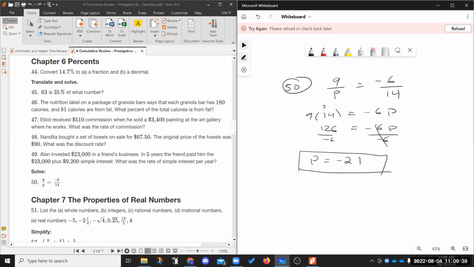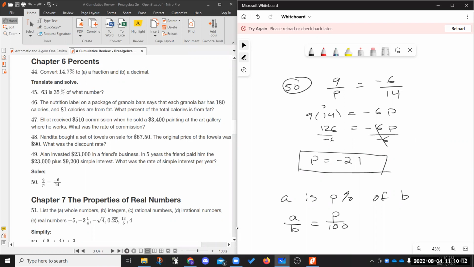P does not necessarily represent a percent here, but one of the ways that we can find percents is to say in a percent problem like number 45, that if I say A is P% of B, like that, that A over B equals P over 100.